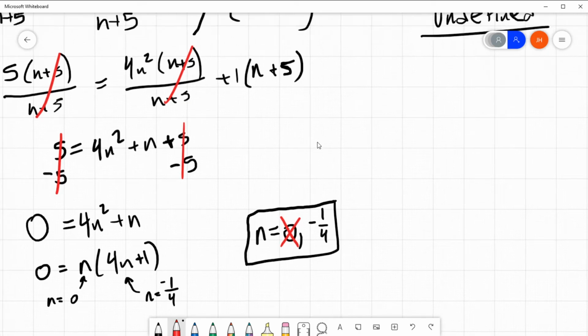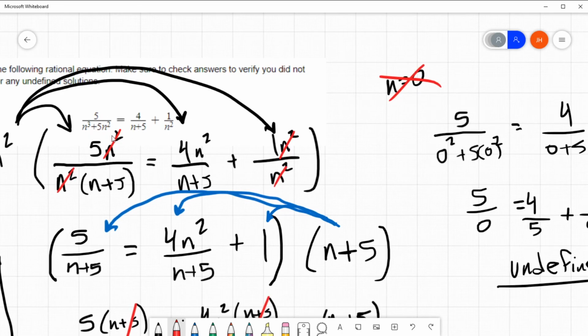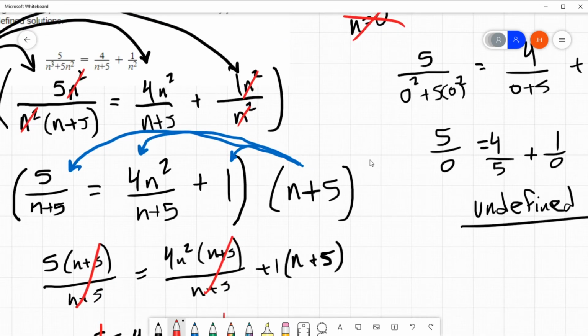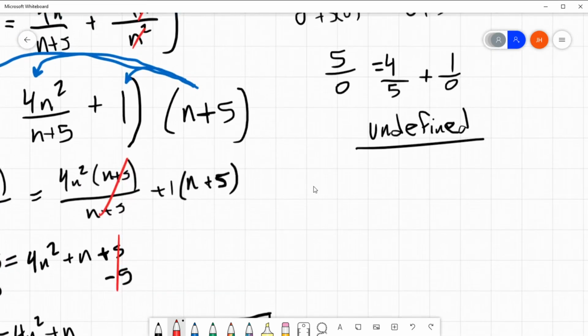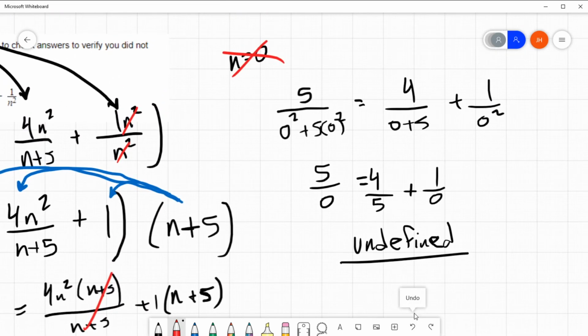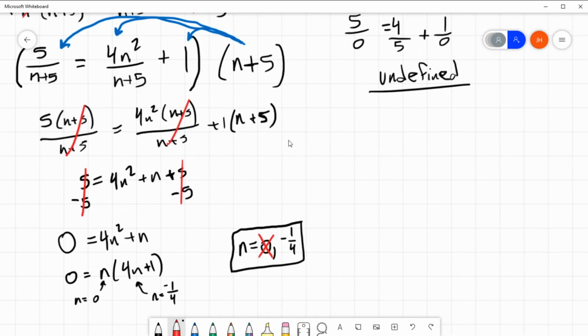This is why we concern ourselves with the domain of functions, because there are times where you can get a solution that doesn't actually exist. That's something we would call an invalid solution or an undefined solution. Cool. So we end up getting n equals negative 1/4. Does that sound good?